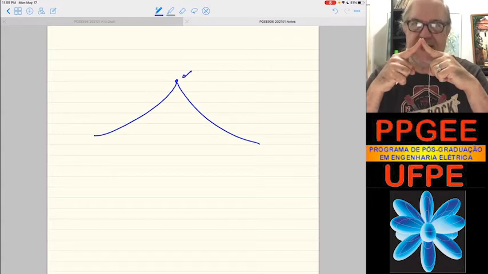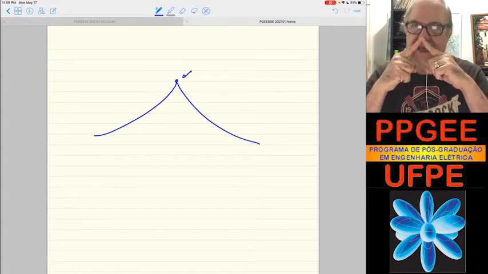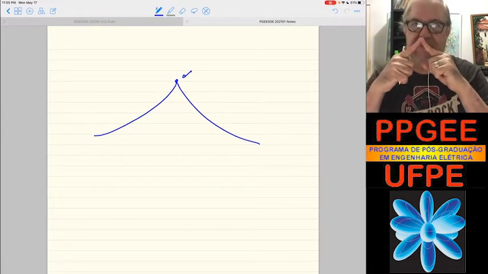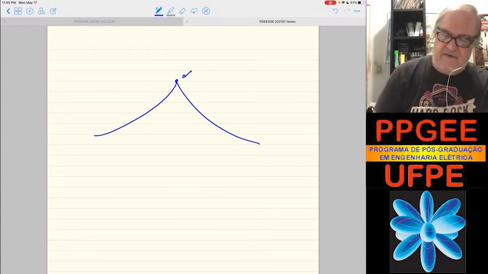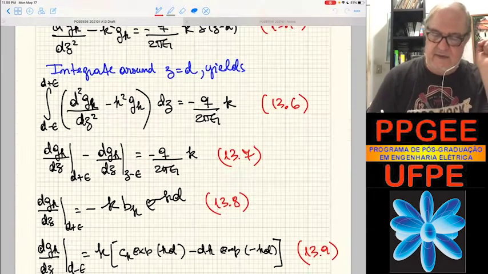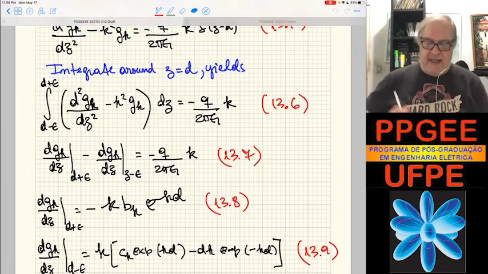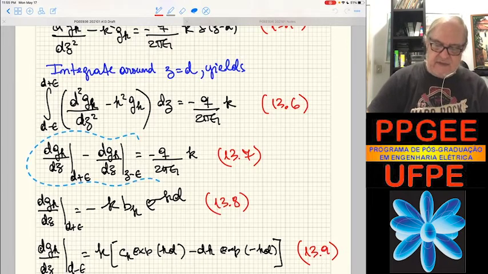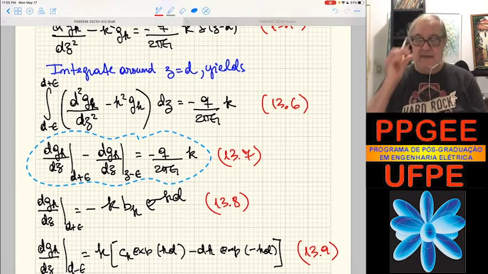There's no smooth connection; it's a sudden change of derivative, one like this, the other like that. So every Green's function has this behavior at the singularity.